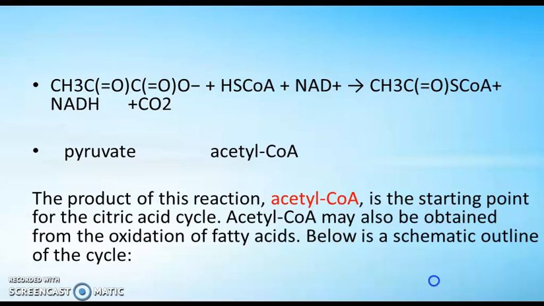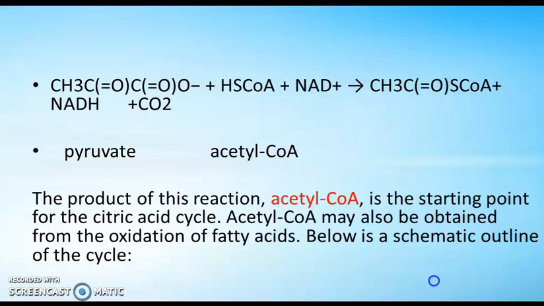We have discussed up to this point that pyruvate, which is produced from glycolysis, can be converted to acetyl-CoA in the presence of the enzyme pyruvate decarboxylase, and as a result we get acetyl-CoA along with NADH and carbon dioxide.